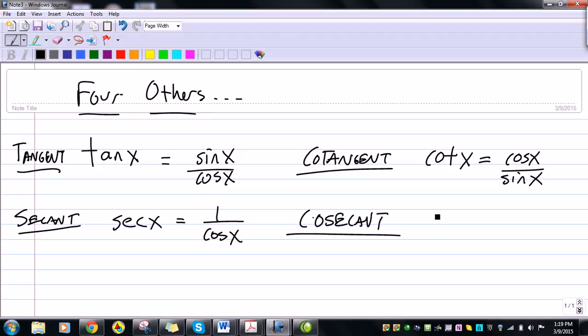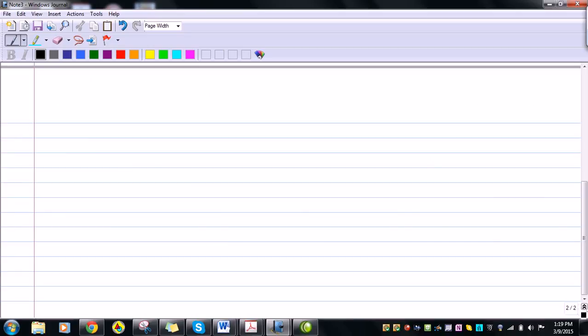We write it as CSC. The cosecant of x is equal to 1 over the sine of that same angle x. Okay, so those are, in addition to the sine of x and the cosine of x, the 6 trigonometric functions for now.